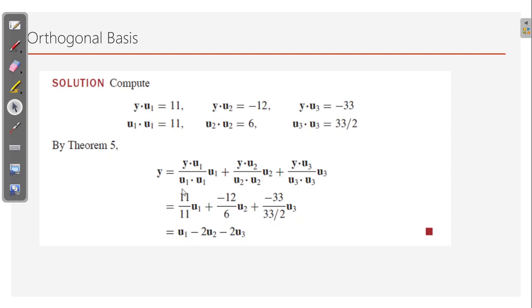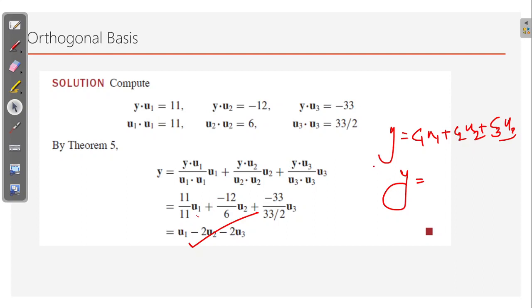Once we find c1, c2, and c3, put them in the equation y equal to c1 u1 plus c2 u2 plus c3 u3, and you will get the expression of y.